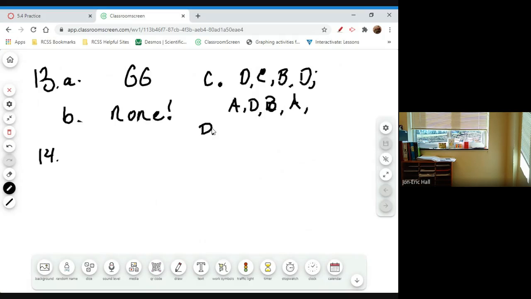And then for D, you will do the same thing, with length 4. There's only one, right? Wait, no, there's 2. You've got to count the loop.